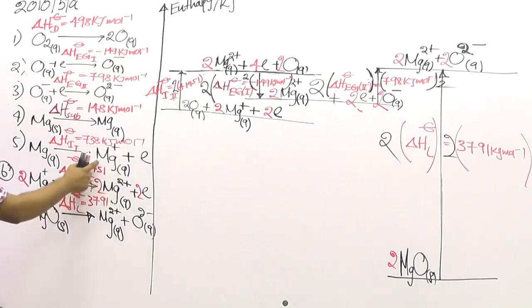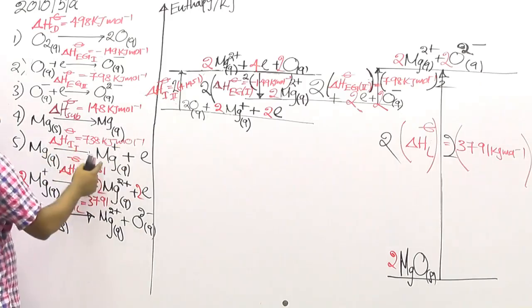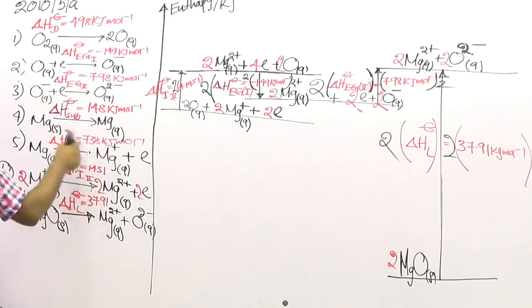Mg pluses. To produce Mg plus gas, you need Mg gas, and it is also an endothermic conversion.